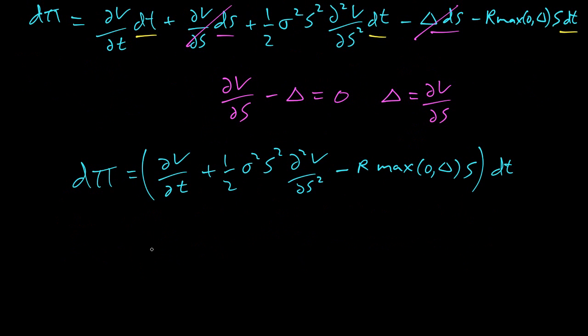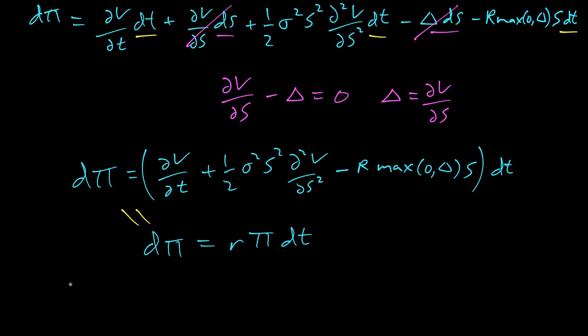And so the next thing we think is that there is no randomness. There's only dt, the deterministic part. And so by the no arbitrage argument, this will be the risk-free rate proportional to the size of our position times dt. So this is just risk-free interest. And then set these equal.